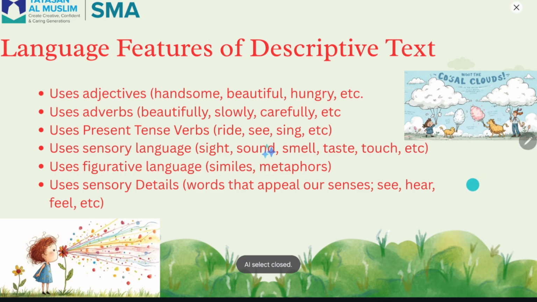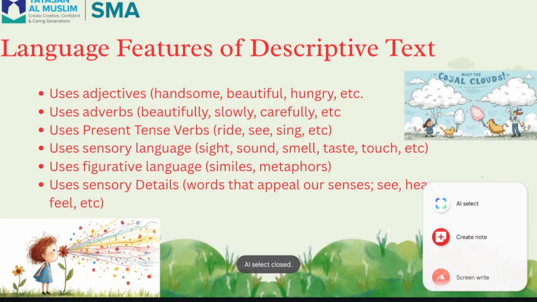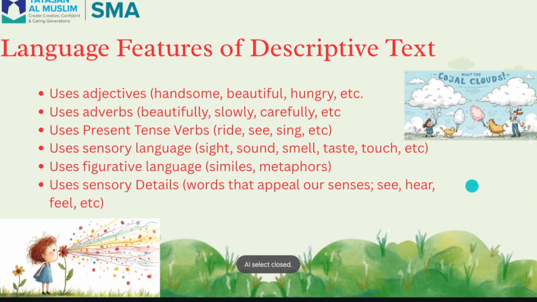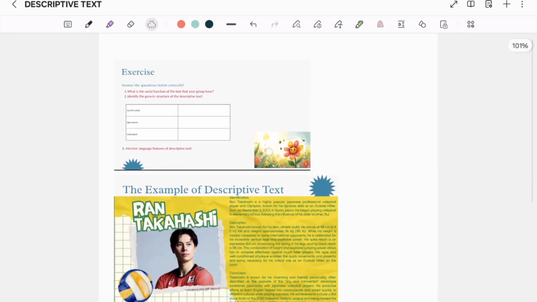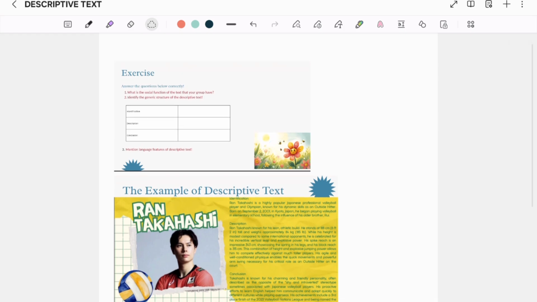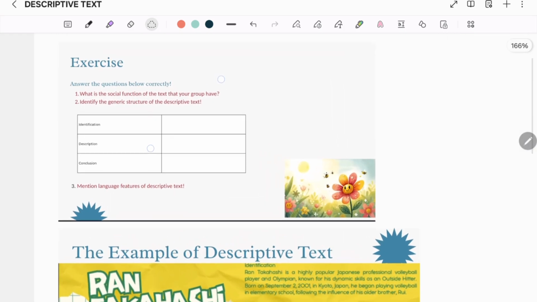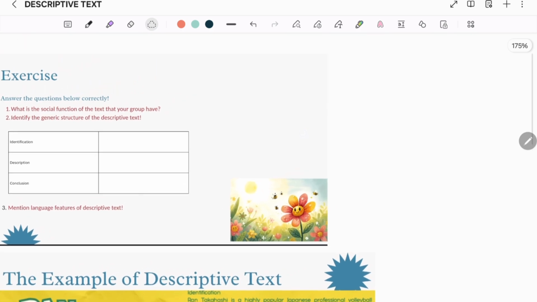Okay, and then for the next, we are going to talk about the exercise of descriptive text. For the first one, we will try to answer the social function of the descriptive text.